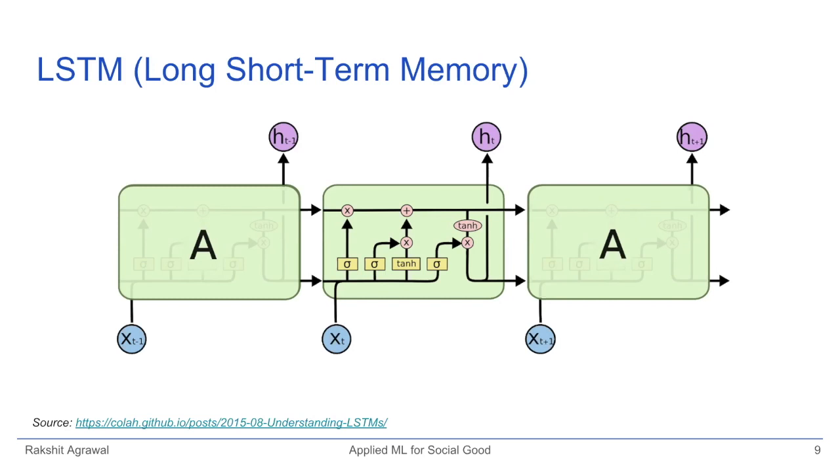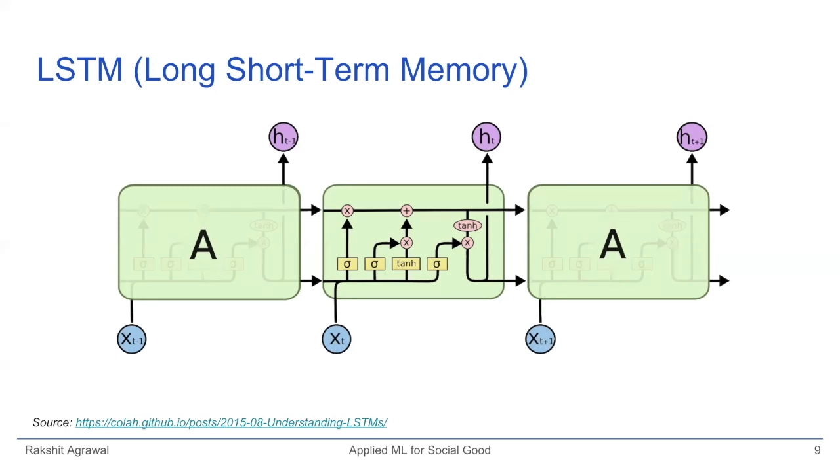While this is a good diagram, it's not the most explanatory one. So I'll post another link to a better diagram, which has more relation with the gates. The equations move in this way. You have a forget gate, an input gate, and an output gate.